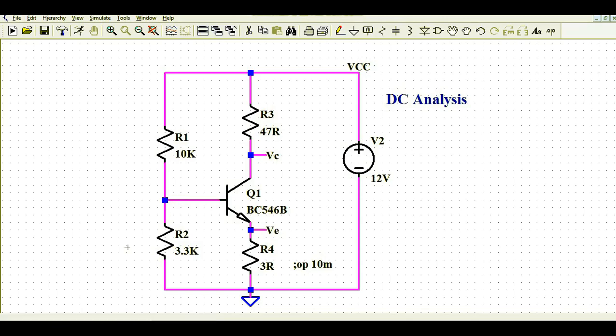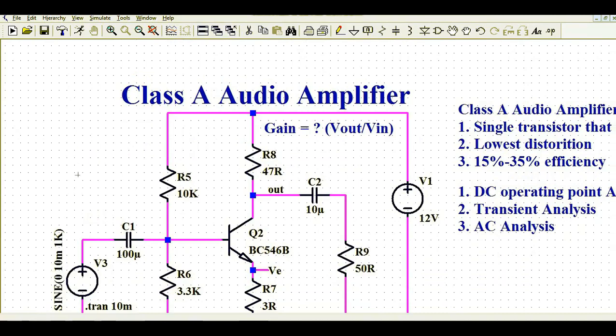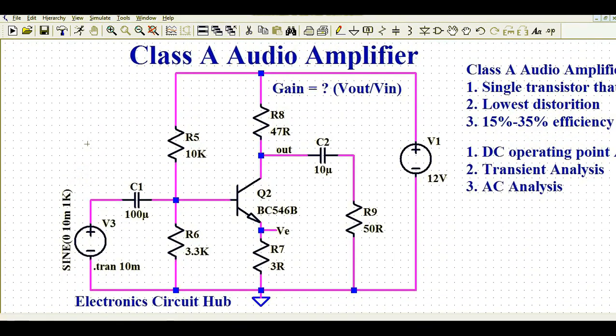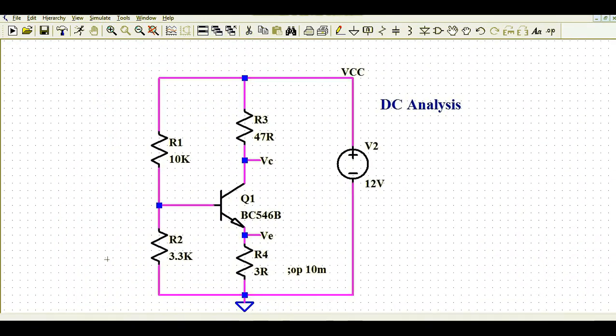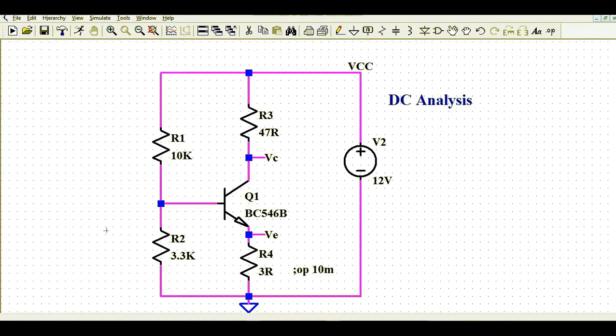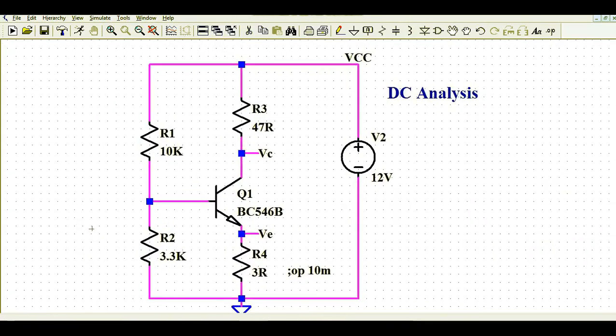If you compare with this circuit, more or less both circuits are the same, but you can see C1 and C2 are removed from the DC analysis. Since you are doing the DC analysis and these two capacitors block the DC elements, that is why I have removed C1 and C2, those coupling capacitors, for the DC analysis.